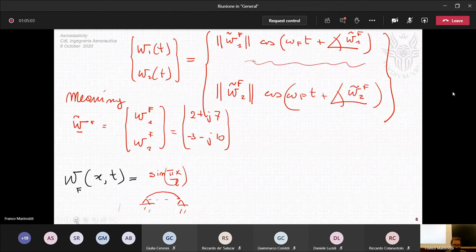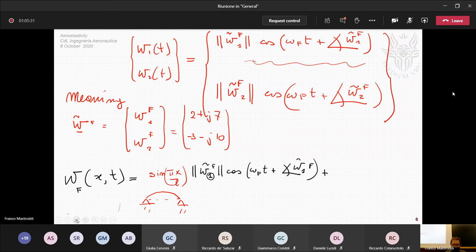So by, write together, apart an essential constant C1, we have the amplitude of W1 flutter, by cosine of omega flutter T plus the phase of the complex number W1 flutter.